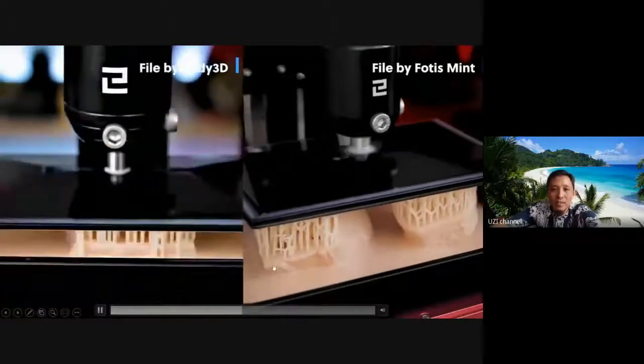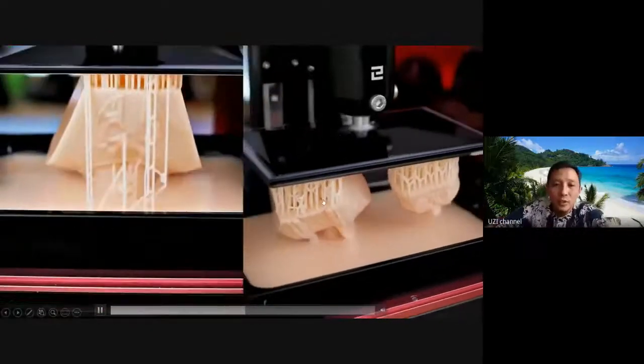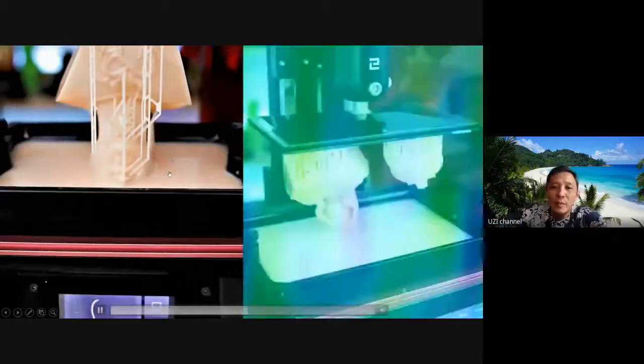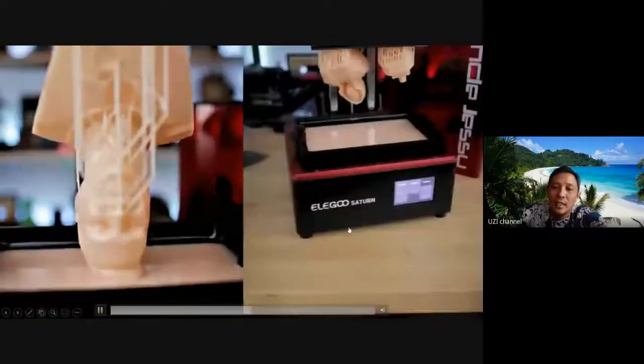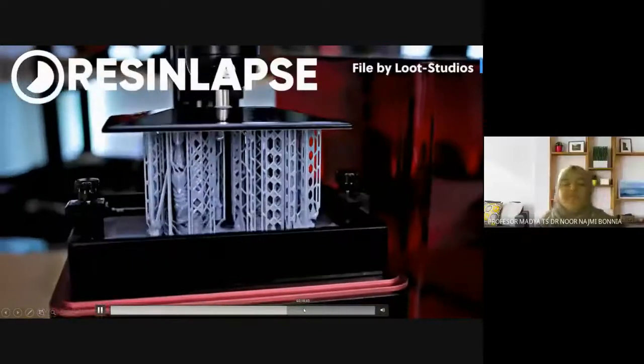So the polymerization that forms the solid polymer occurs by light. Interesting.